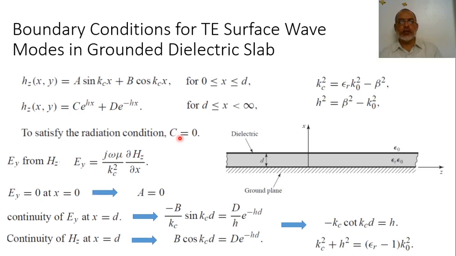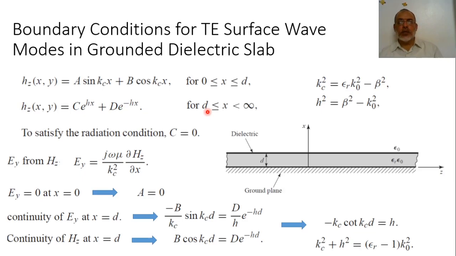The remaining parts are Hz equals b cosine kcx for x greater than or equal to 0 and less than or equal to d, and Hz equals d multiplied by e to the power minus hx for x greater than d.